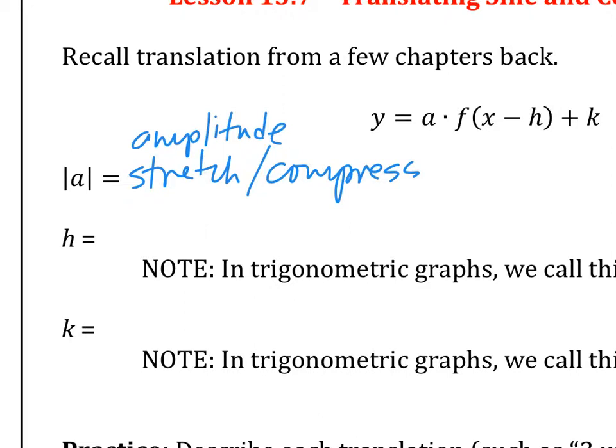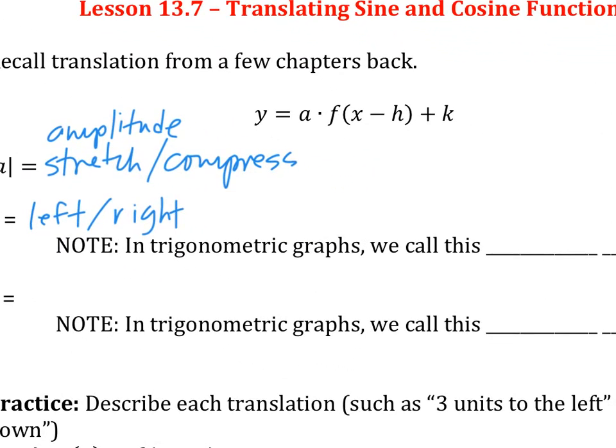All right, what does H do? Left, right. Okay, so H means we're going to go left and right, but in trigonometric graphs we actually have a new name for this. This is called a phase shift.